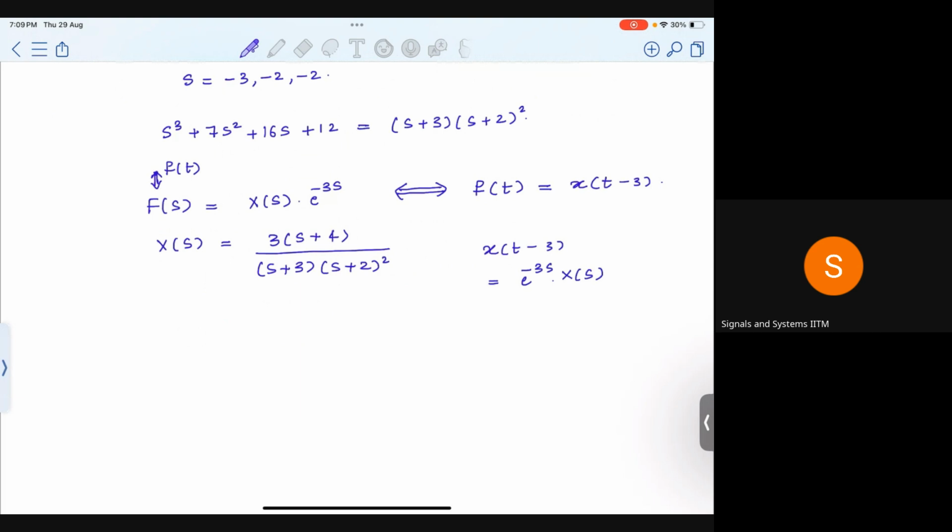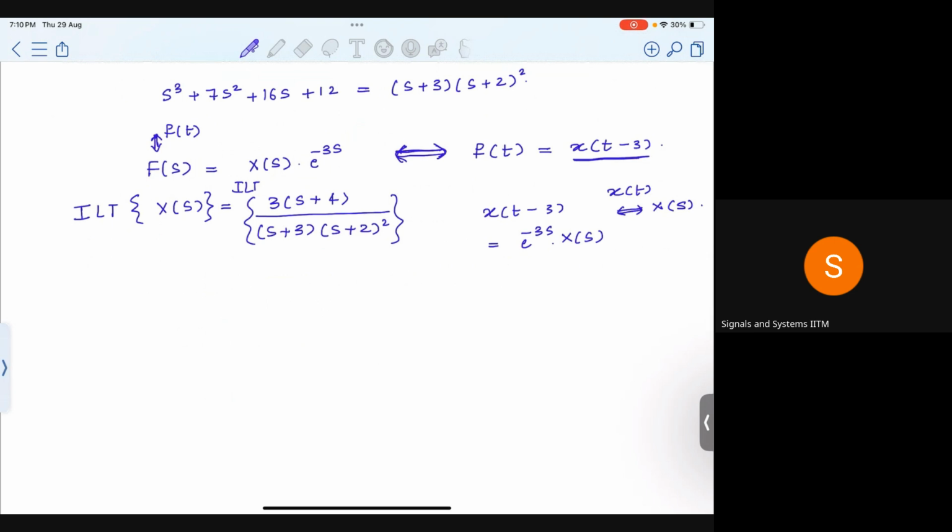So when you take the inverse Laplace transform, f of t is simply x of t minus 3, where x of t is the inverse Laplace transform of x of s. So let's try to find what x of t is. So let's find the ILT, inverse Laplace transform, for this function. So how do we find that?